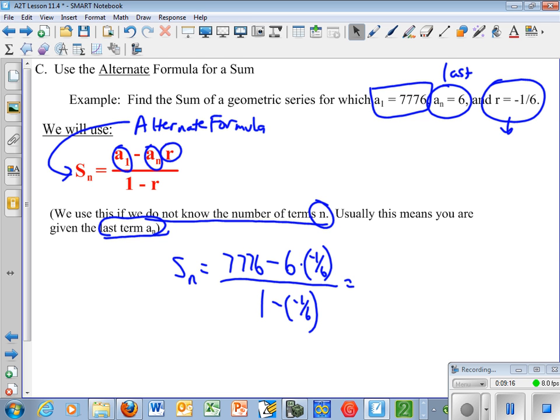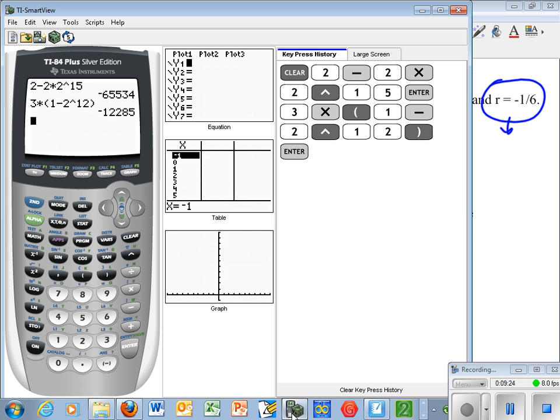Now, you got to be really careful with your calculator. I am going to type in that top line on my calculator. So I have 7,776 minus 6, and I like to hit my times symbol in between and then do my fraction inside parentheses.